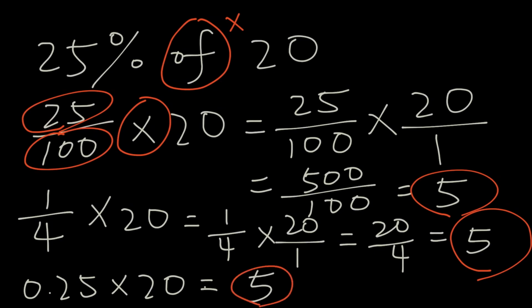So from here, you can see that whichever way you do it, fraction or decimal times by the number, the answer will always be the same. So if you want to check your answer by using different methods, that's a good way to verify that your answer is correct. Now let's try another question.